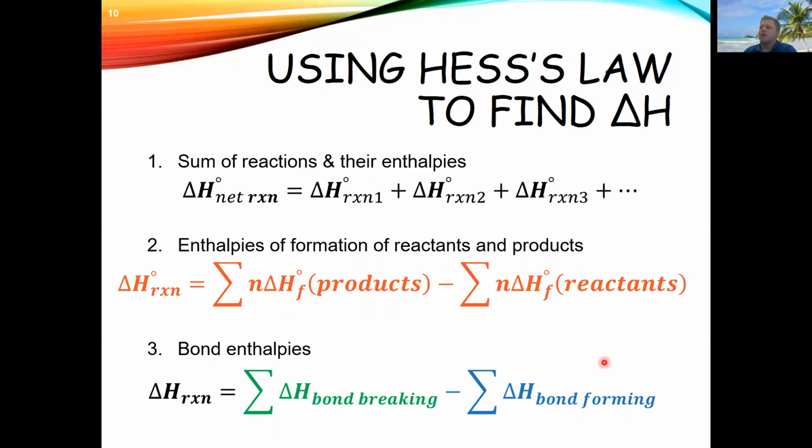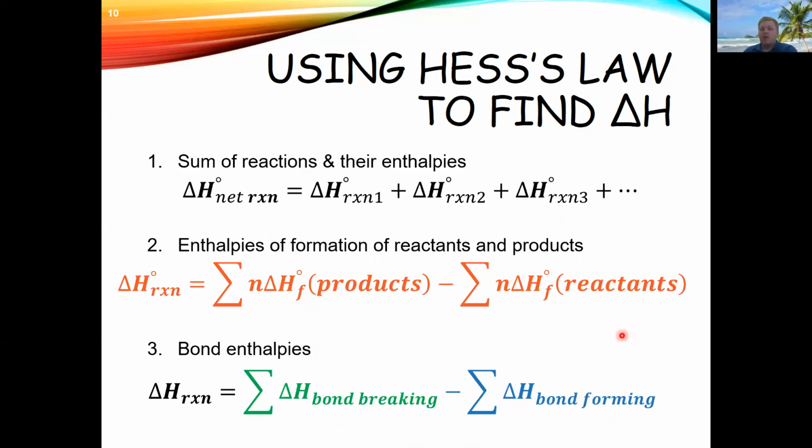Now, a quick note here. In this second method, we have products minus reactants. But in this third method, we actually have reactants minus products. Make sure you have that straight in your mind, which way you do these reactions.